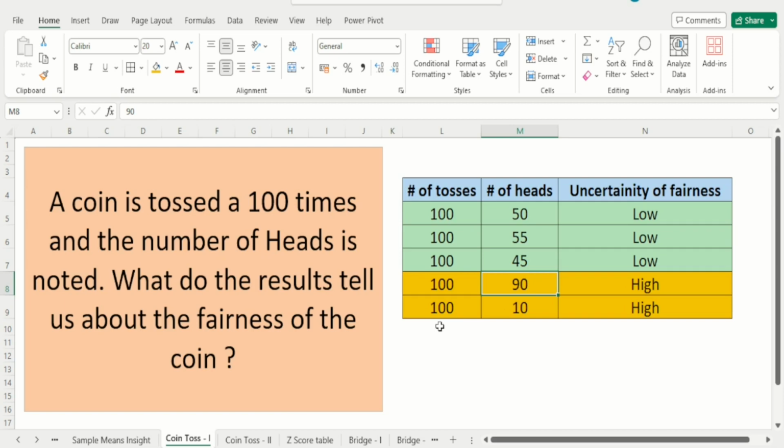So basically, that 5% significance level that we were talking about, that 5% acceptable error in the model, is broken up into two parts. One part is for an extremely low number of heads, and the other part is for an extremely high number of heads.